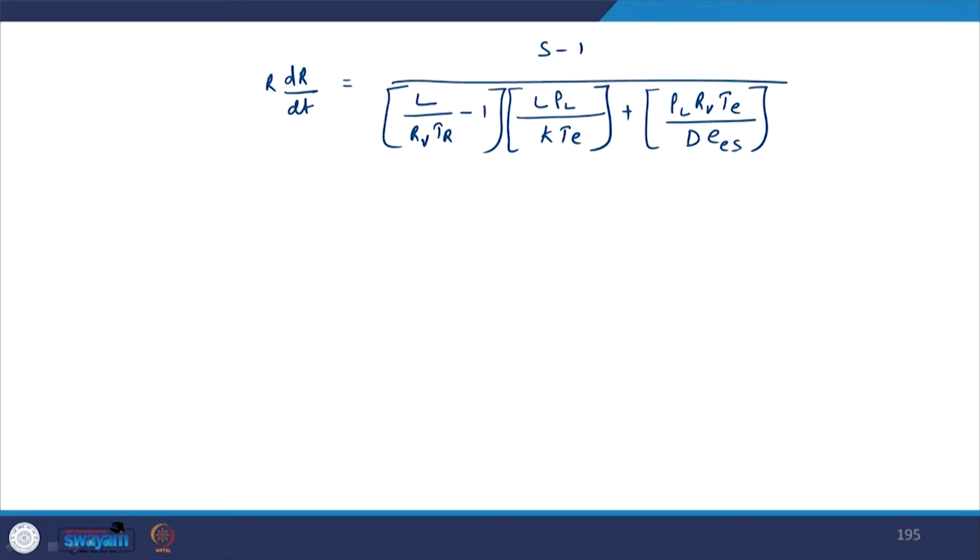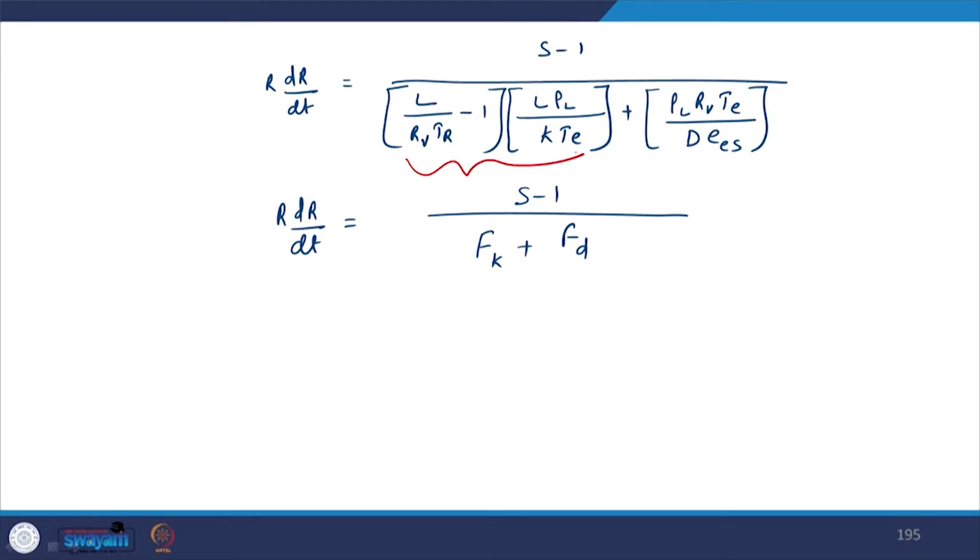So, in simple terms we are going to call it r dr by dt is S minus 1 divided by Fk plus Fd. So, what is this Fk? This is just a notation. This entire term is Fk and this term is Fd. Why are we calling it Fk?